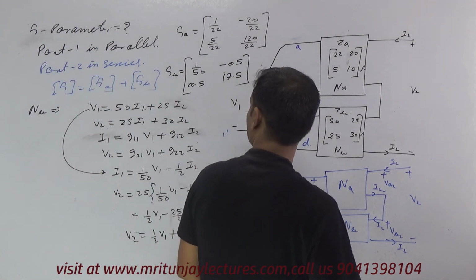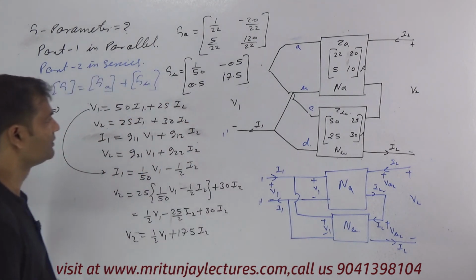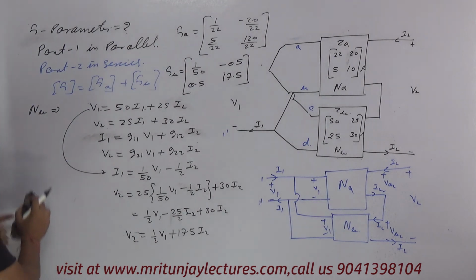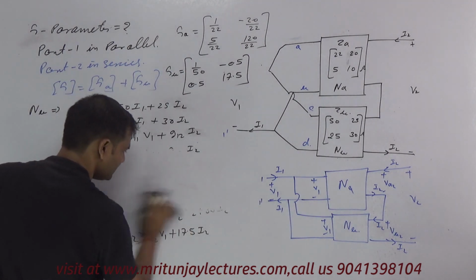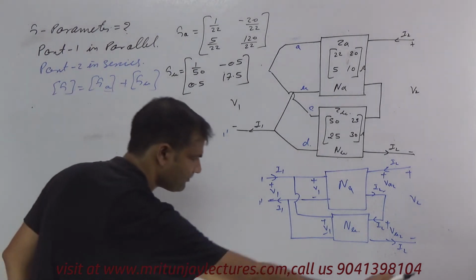Okay. Now port 1 is in parallel and port 2 is in series, that's why that is the G parameter. Our motto is to determine the G parameter. So how can we determine it?